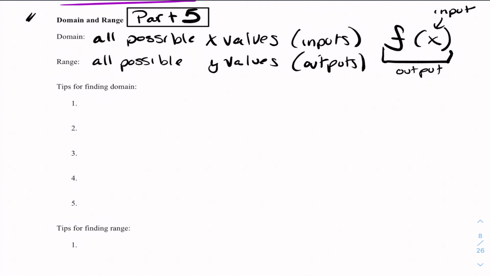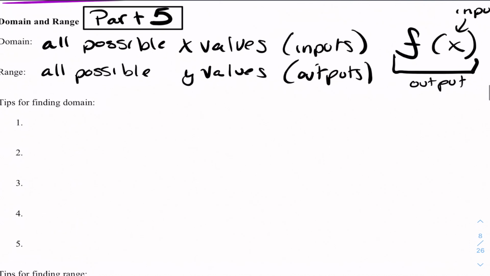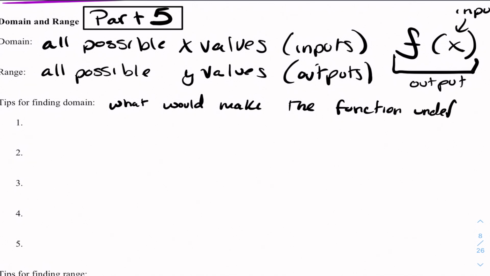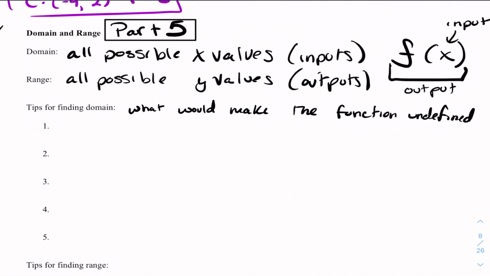So let's talk about a couple tips for finding domains of functions. And really the question is, what would make the function undefined? Because the majority of functions that we deal with are polynomials, and the domain of a polynomial is all reals.